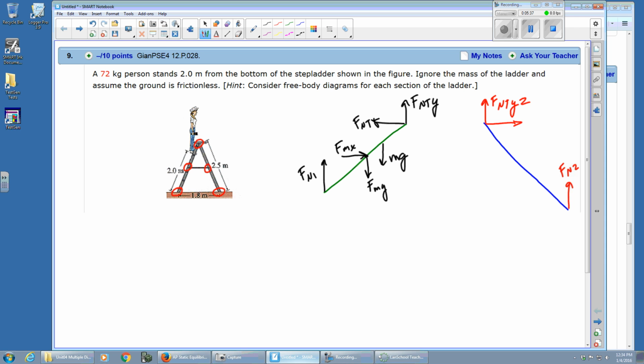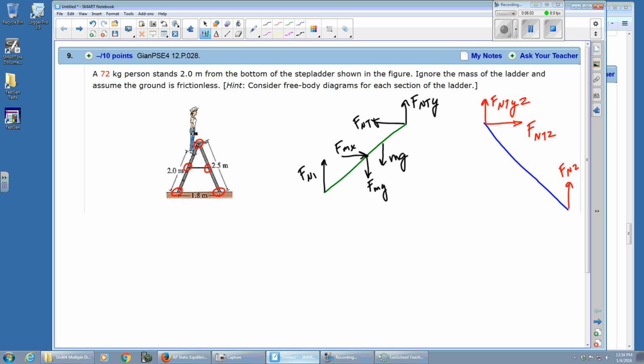Well, let's think about it. Could there be, on the blue side, force? Well, see, we could have this one, right?